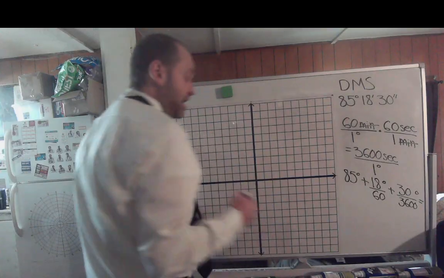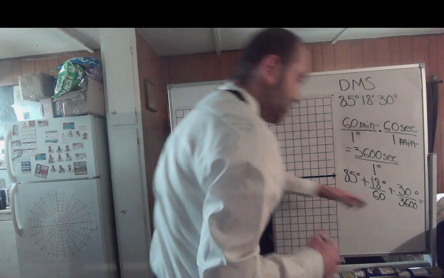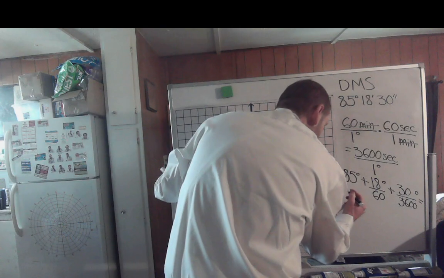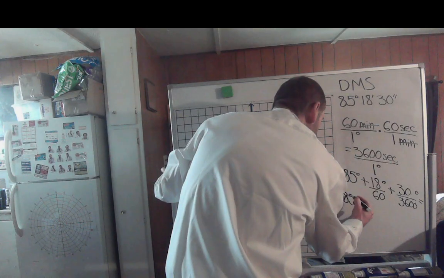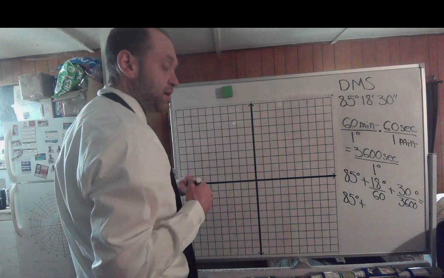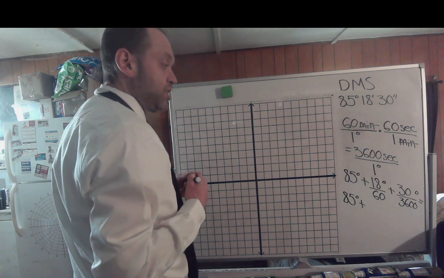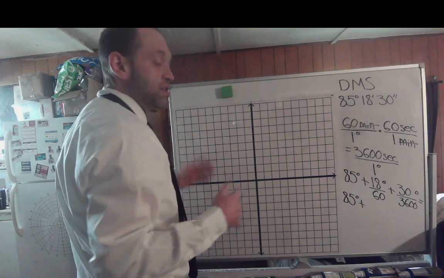Now that you've got everything in degrees, all you have to do is convert and bring everything together. So let's bring this into simplest form. You'll have 85 degrees plus, now 18 over 60 would actually reduce, you can divide both by 6, so you would end up getting plus 3/10 of a degree.